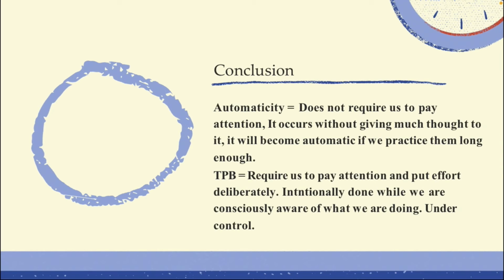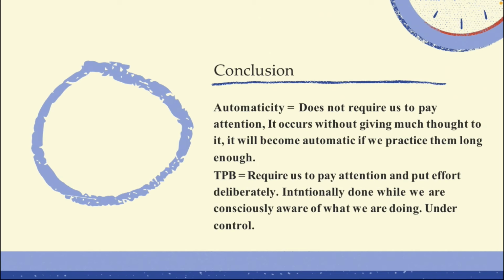For example, as an experienced bike rider, I can do many riding tasks like shifting gears, steering, or braking automatically, without much thought or effort, because of all the practice over the past few years. I can do this without being consciously aware of what I am doing.